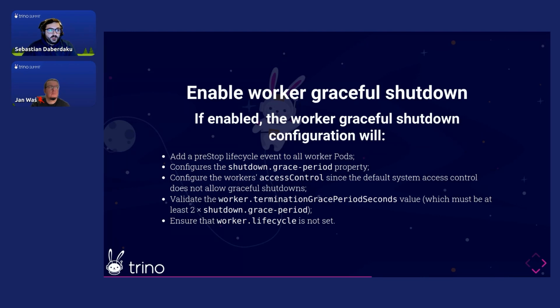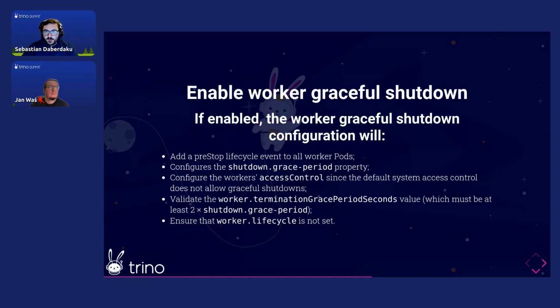So it adds the pre-stop lifecycle event to all the worker pods, which is the actual code that calls the shutdown API on the worker when the pod receives the SIGTERM signal. It configures the shutdown grace period property, and configures the worker's access control. Now, the worker API by default does not allow users to call the shutdown endpoint freely.